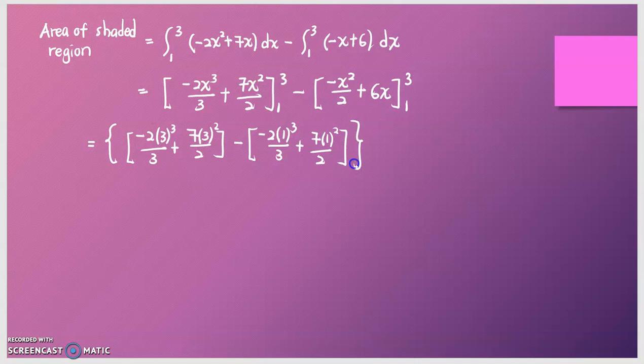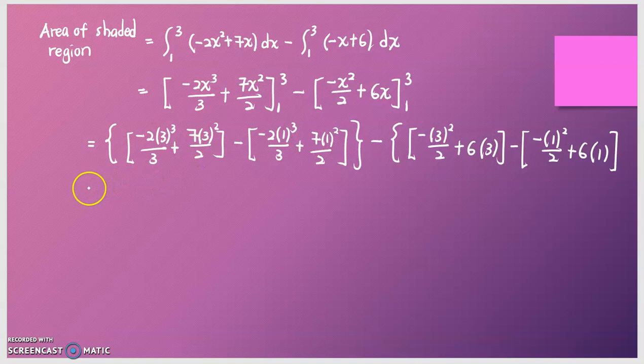So this is the first part minus the second part. First substitute 3: 3 squared over 2 plus 6 times 3, minus 1 to the power of 2 over 2 plus 6 times 1.